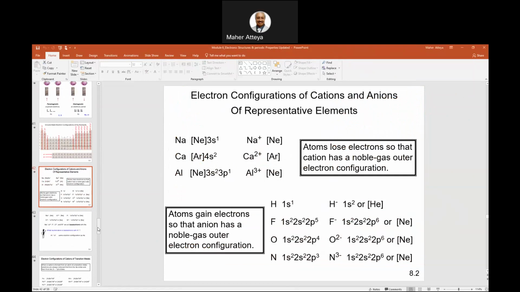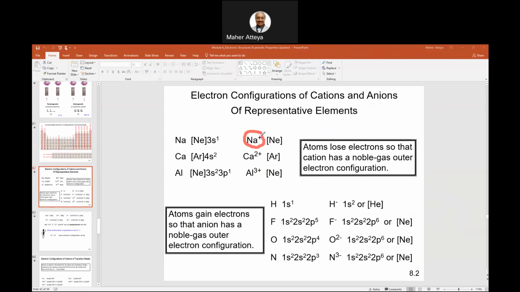Now, the electron configuration of cations and anions. What is a cation and what is an anion? Somebody tell me. What is a cation? A cation is an atom that has lost electrons, correct? And therefore it appears positive. An anion is an atom that has gained electrons, so it will appear negative. The metals tend to be cations most of the time, but there are non-metals that can be cations as well.